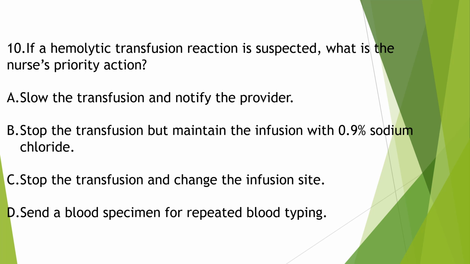So the first thing you need to do is stop infusion of blood product. It should be done. But along with that, we should maintain the IV line in case immediate venous access is required for emergency medication. So we need to stop the transfusion but maintain the infusion with isotonic solution, especially 0.9% sodium chloride.